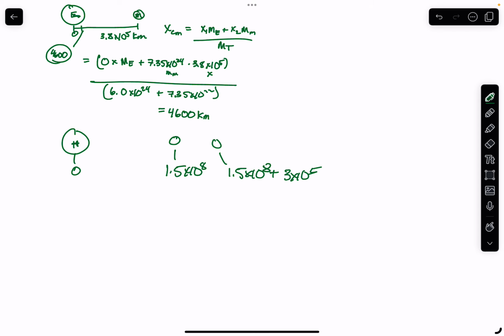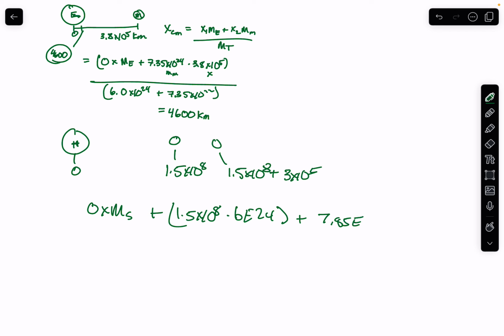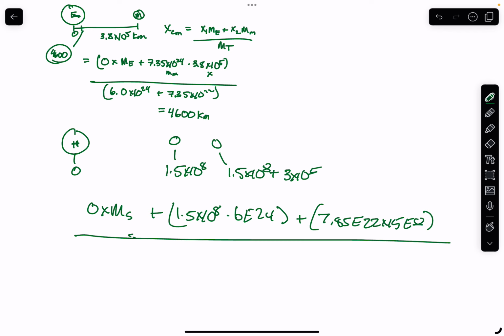It's just going to be 0 times the mass of the sun plus 1.5 times 10 to the 8th, that's the x, times the mass of the Earth, 6e24, plus 7.35e22 times 1.5e8, all over the total mass.